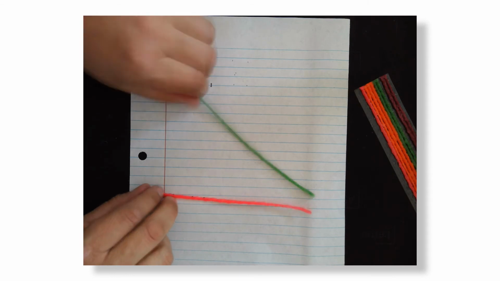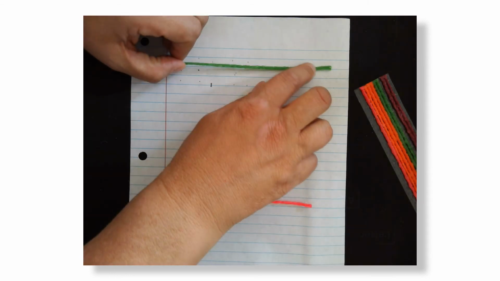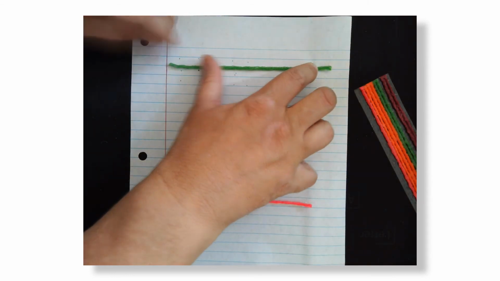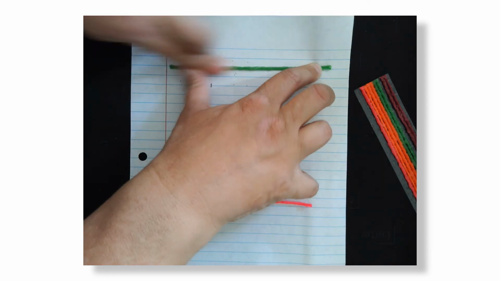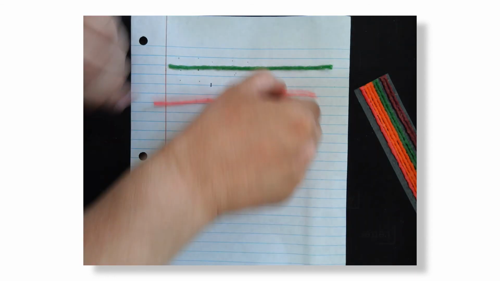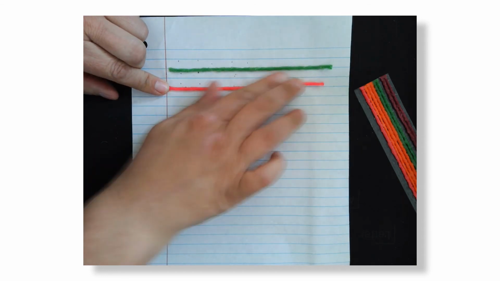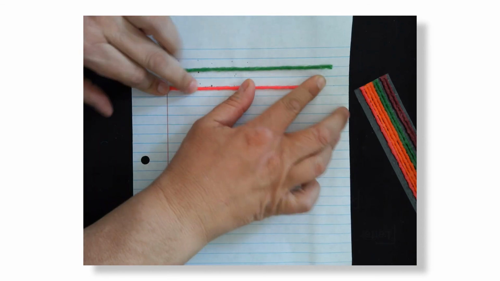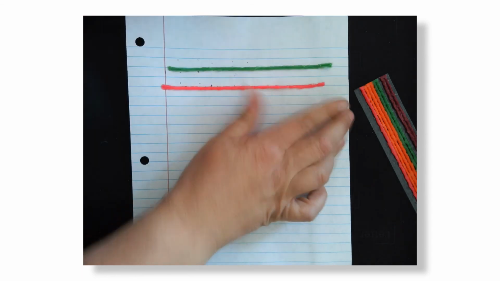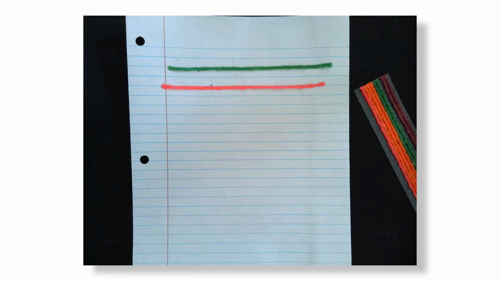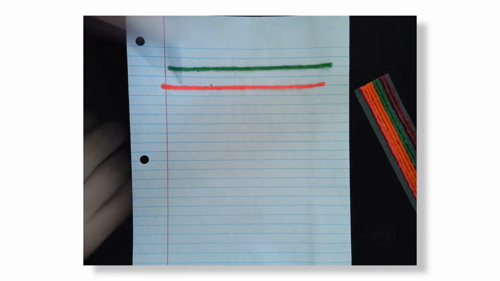Mine happens to be pink, right? And all you do is take it, put it across the line, press it down, and now the student or your child will know where their boundaries are, right? Where they have to stay within the line, right?